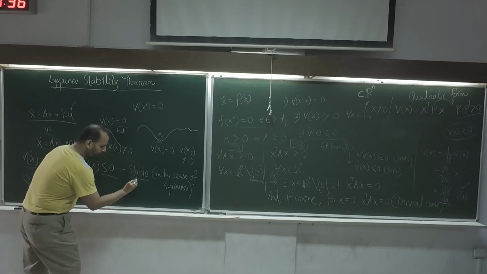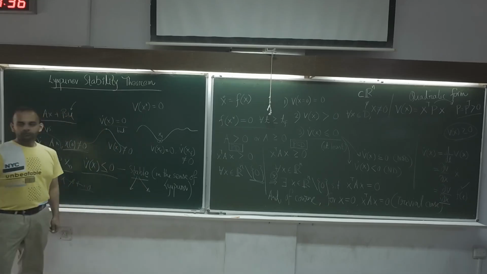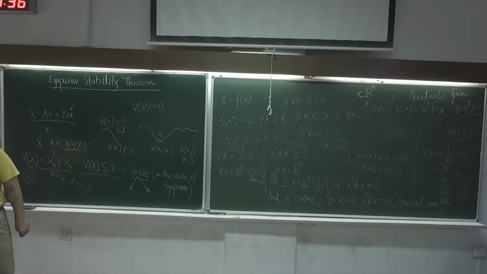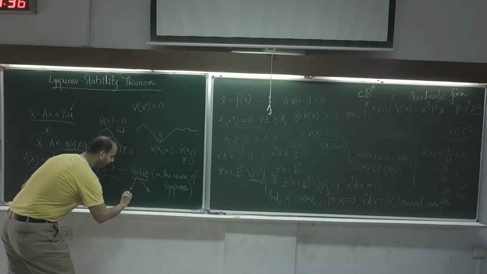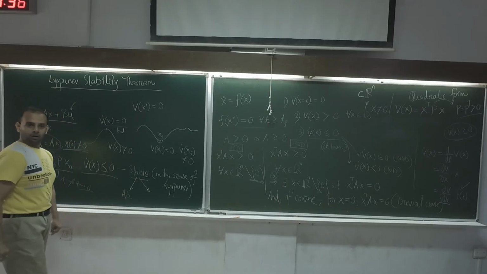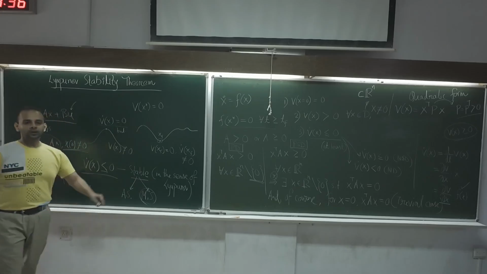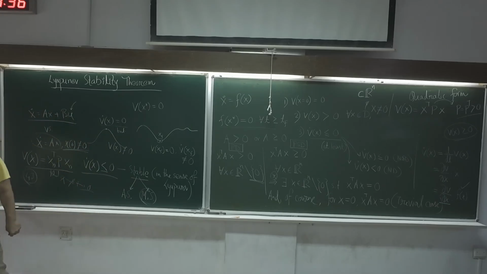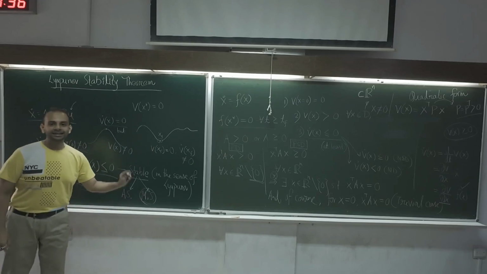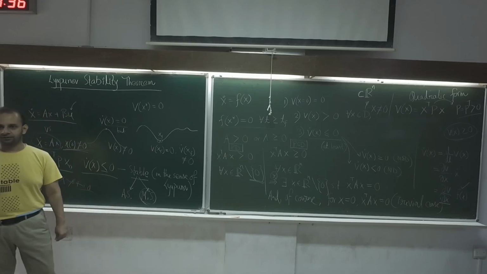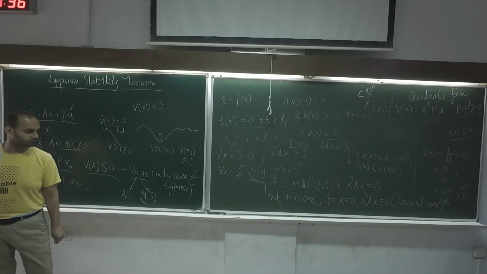Now, from our basic concept, when we say just stable, two cases will come. What are they? One is asymptotically stable, another one is marginally stable. Usually in the Lyapunov literature they don't mention marginally stable. In this case they write bounded trajectories. Stable means bounded trajectories.